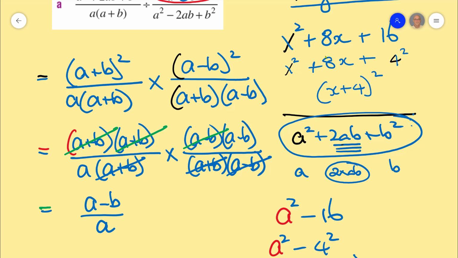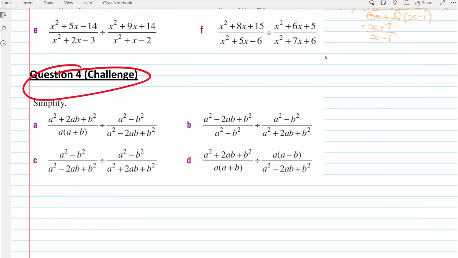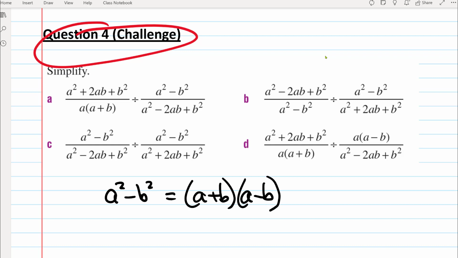However, just as a cautionary tale, the fact that you're having a crack at these is very good, but just be aware and be careful that all of these rely on us knowing the difference of two squares is a special rule, and also the fact that this is, in either form, a perfect square.